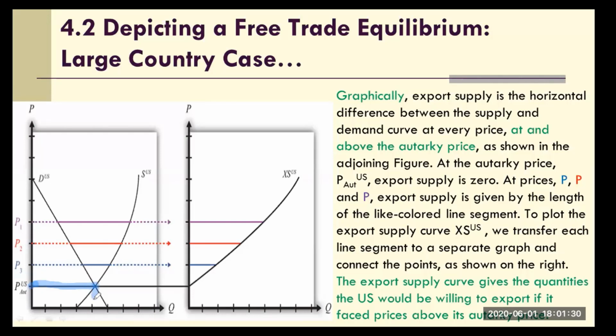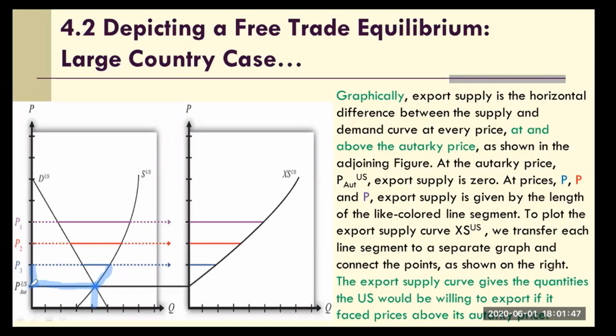But above here, look at it: the price increases to this level, then the supply also increases to this level. Here is the difference.